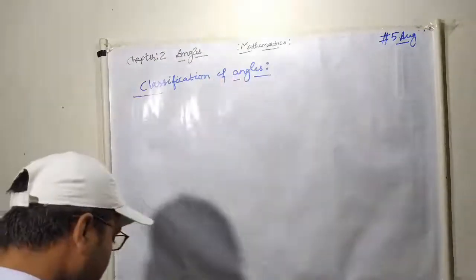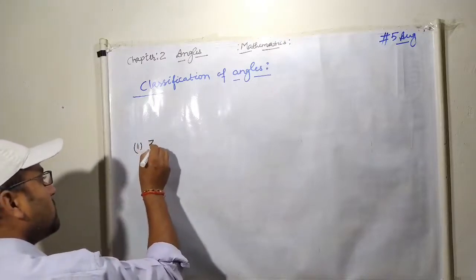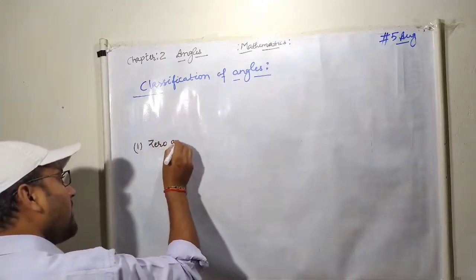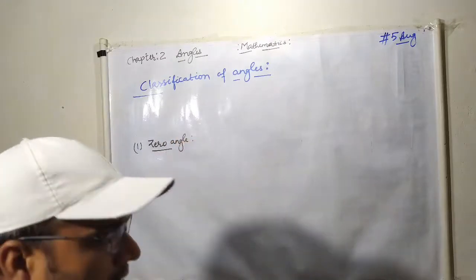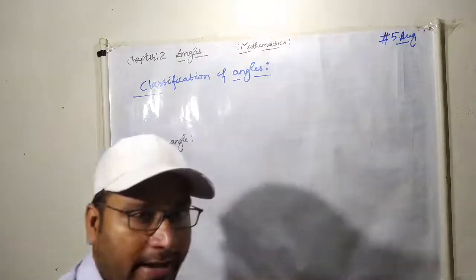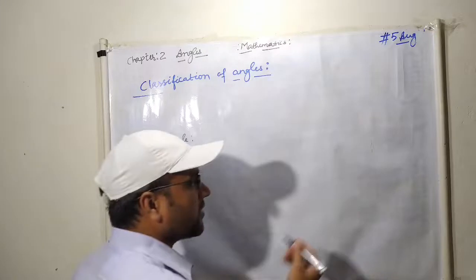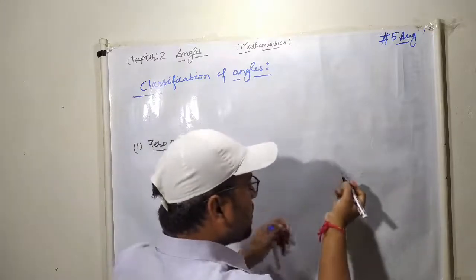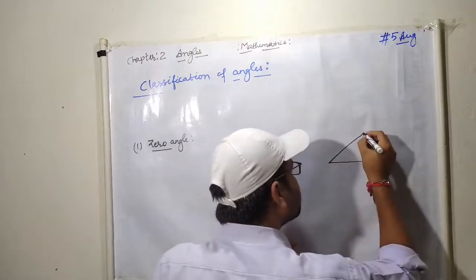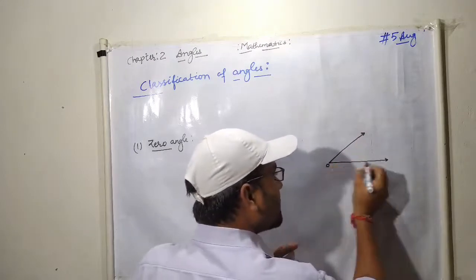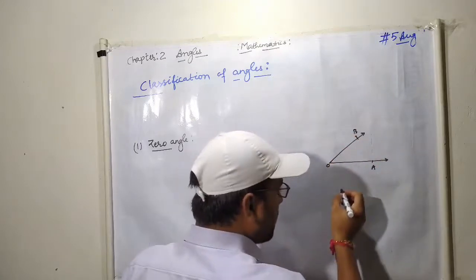Now, types of angles. First I am going to start with the zero angle. Angle is formed by joining two arms. When the two arms coincide with each other, OA and OB, this OB coincides on OA.